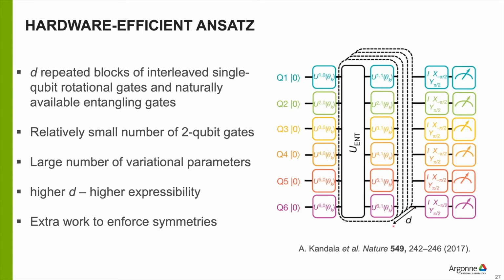And here you have basically D of these repeating layers. And then in the end, you end up with a lot fewer CNOT gates. However, you get quite a few parameters, and you have really high expressibility, or in other words, it covers a very large space of solutions.